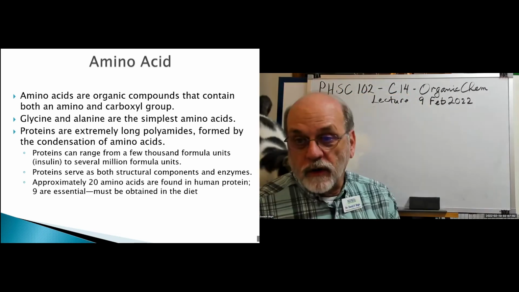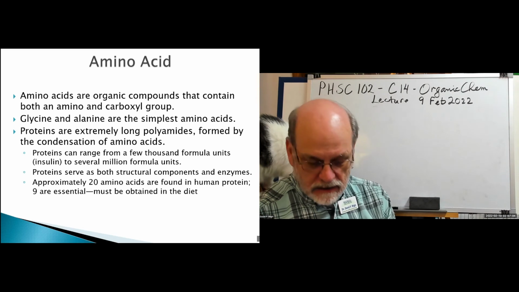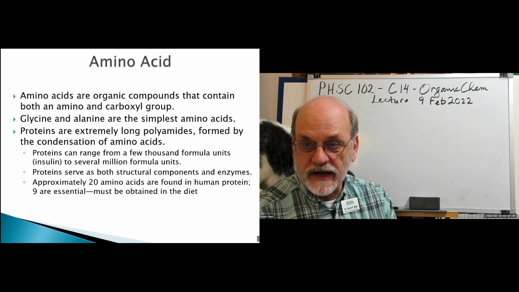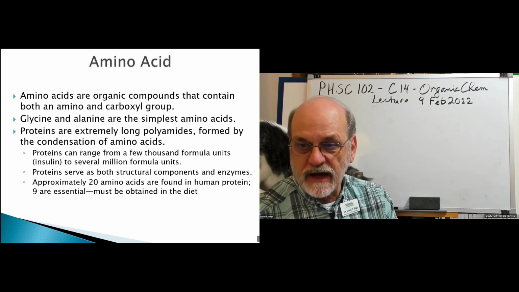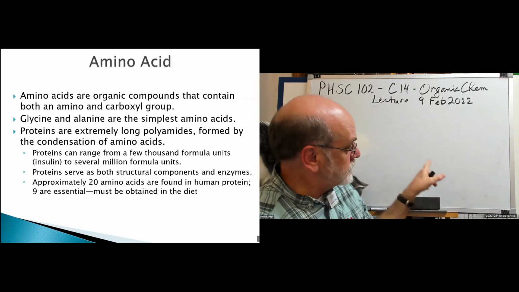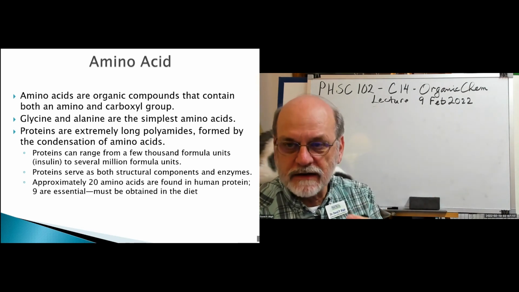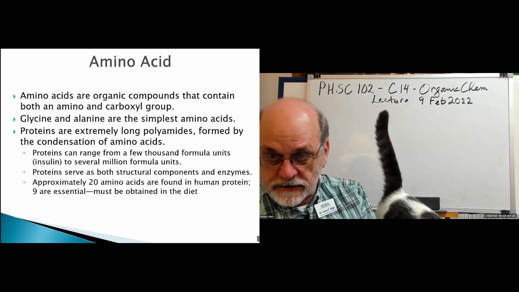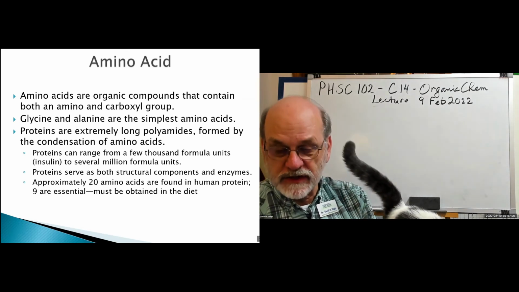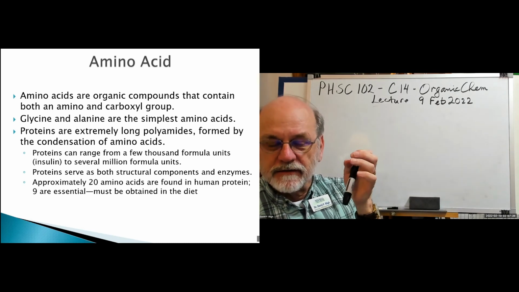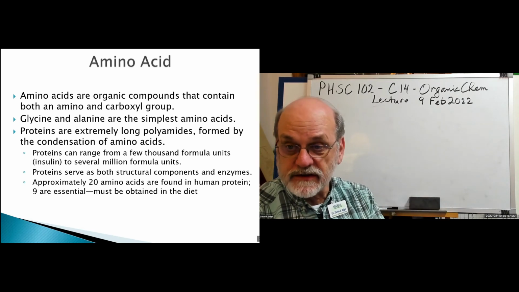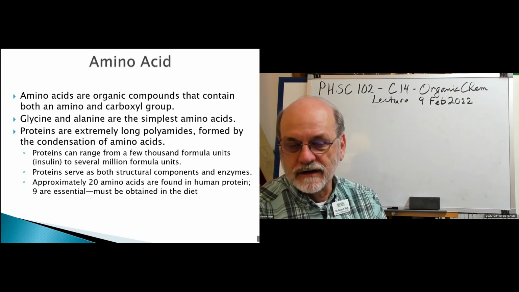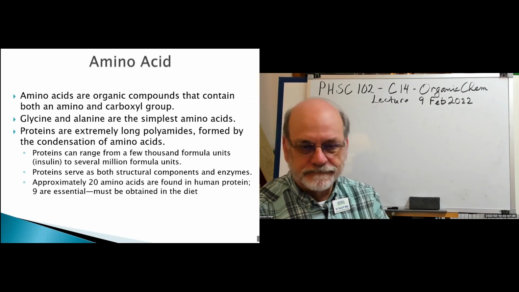Now, when we eat proteins, our digestive system breaks them apart into simple amino acids, maybe some di and tripeptides. By the way, the bond that we're just talking about here is a special kind of amide bond called the peptide bond. So polypeptides are proteins, and they can be broken apart into individual amino acids, and your body then absorbs them and uses them to build the proteins that it wants and needs.